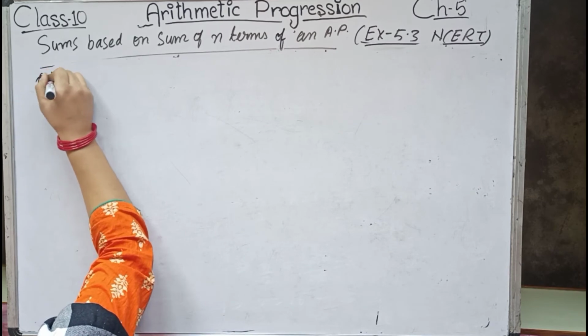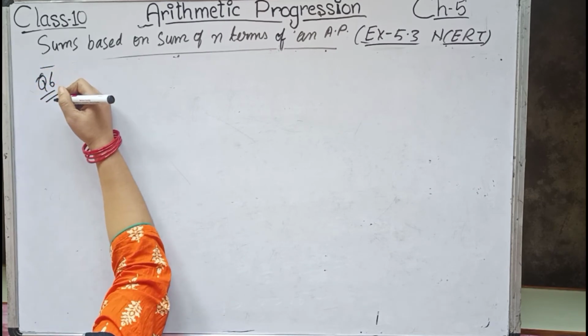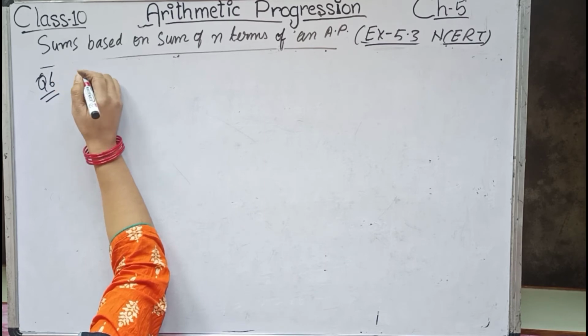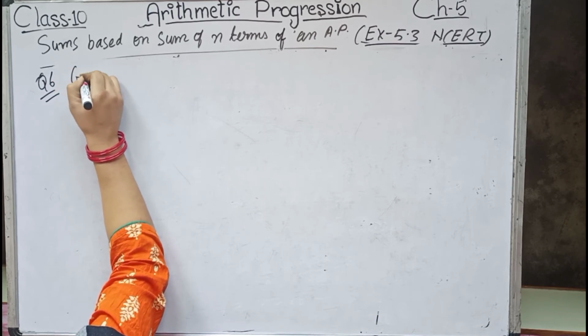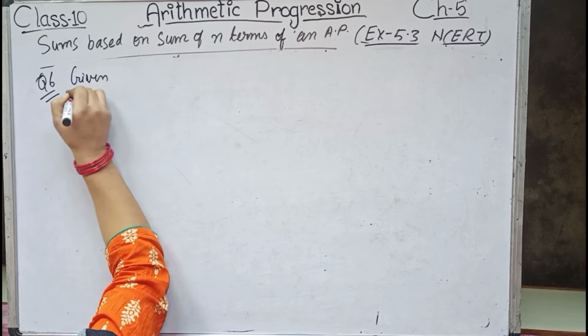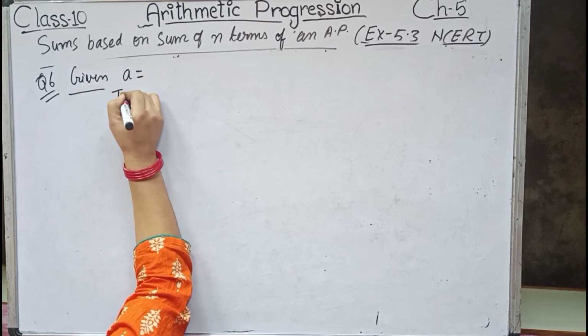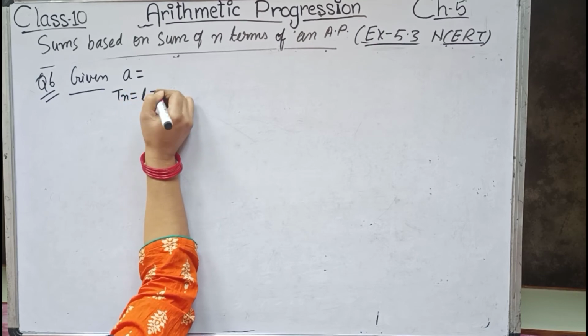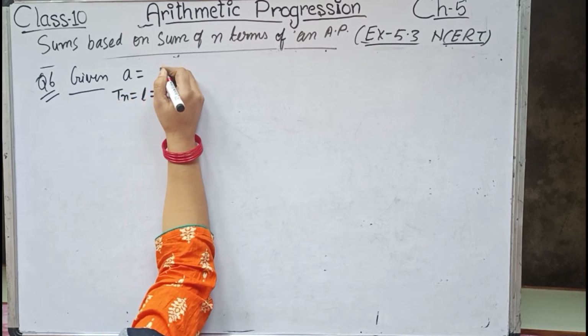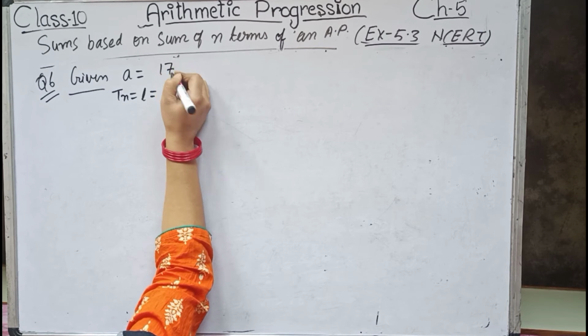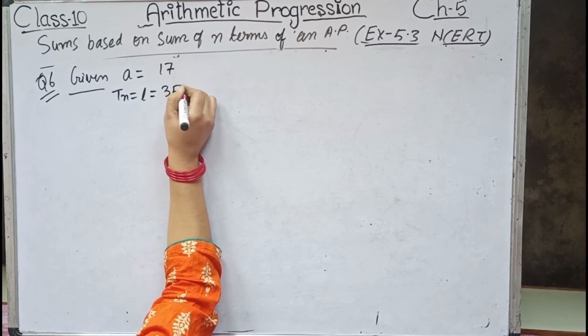Moving to question number 6. The first and the last term of an AP are 17 and 350. So I am writing directly. Given the first and the last term, so A and Tn equals L is given as, first term is given as 17 and the last term is given as 350.